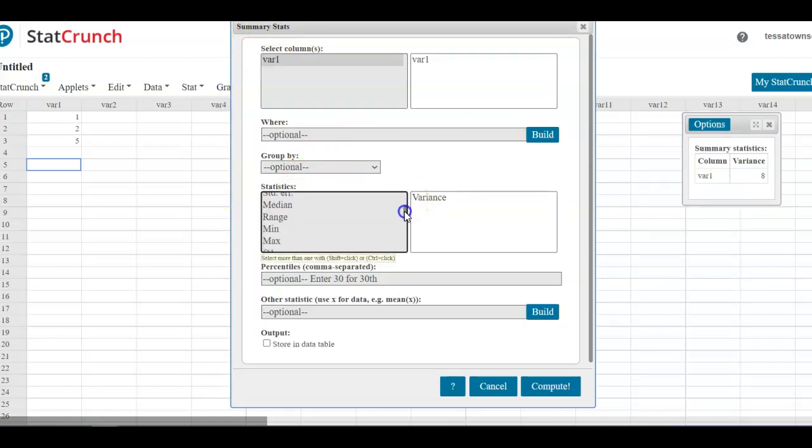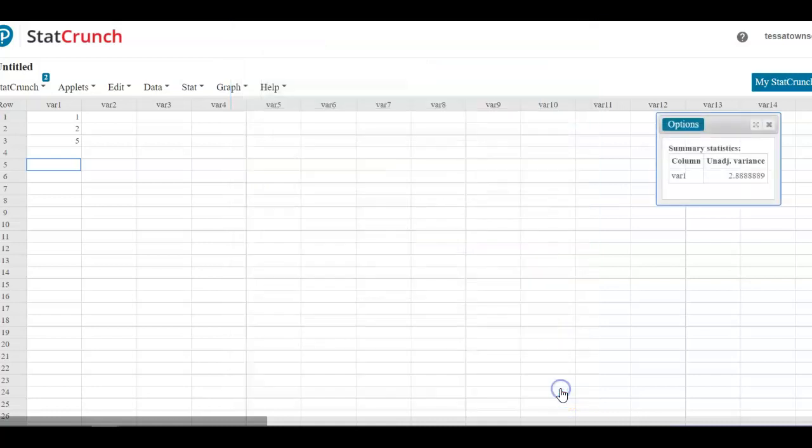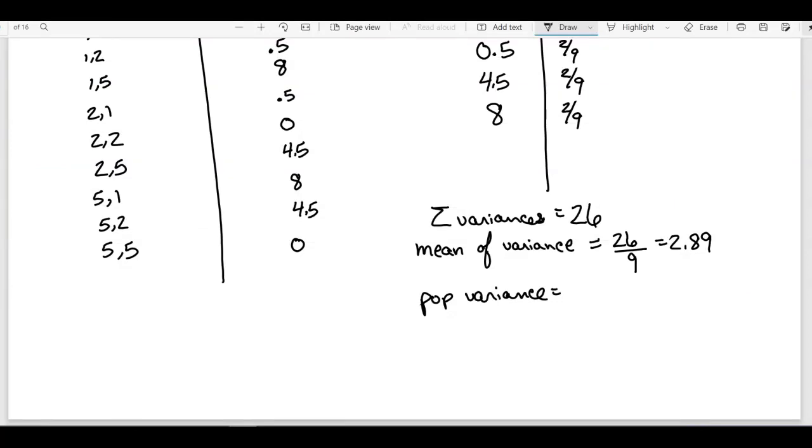I want the option down here that's unadjusted. That's their way of saying population variance. Hit compute, and that population variance is 2.89. So our population variance is also 2.89. Since these are the same, once again, we would say that the sample variance does target the population variance.